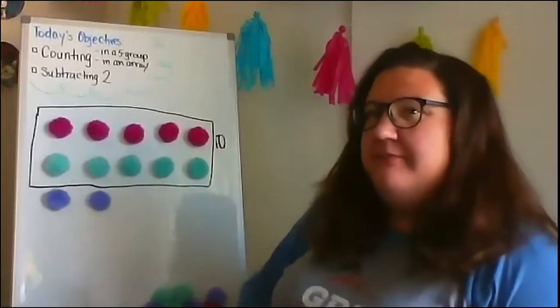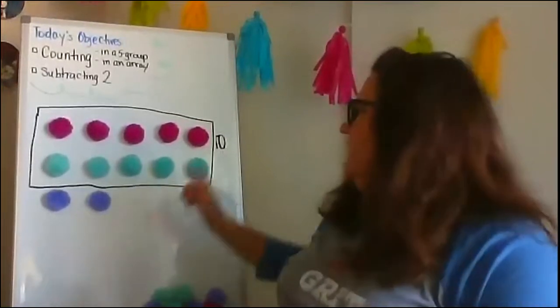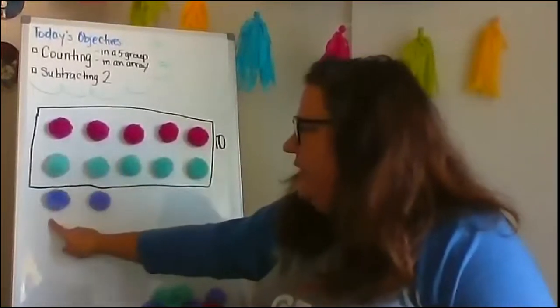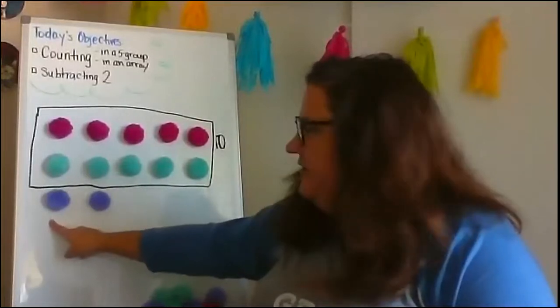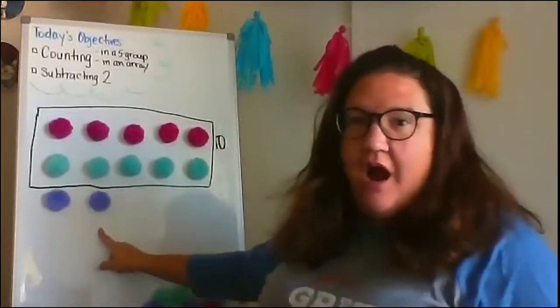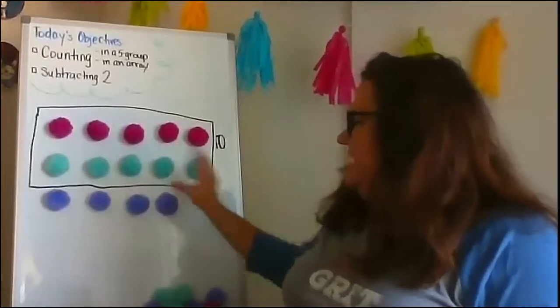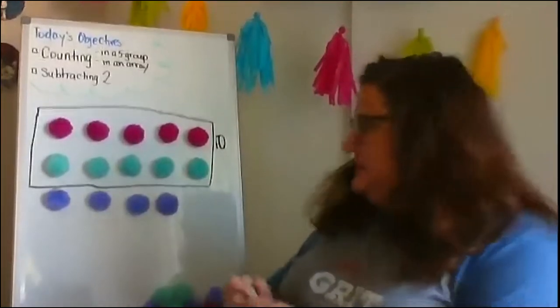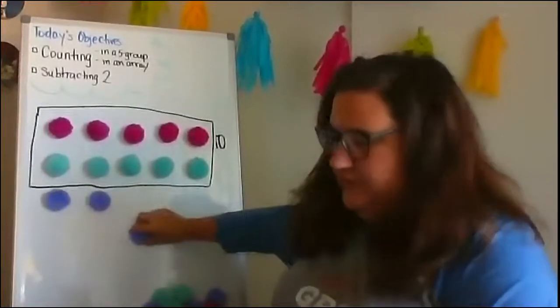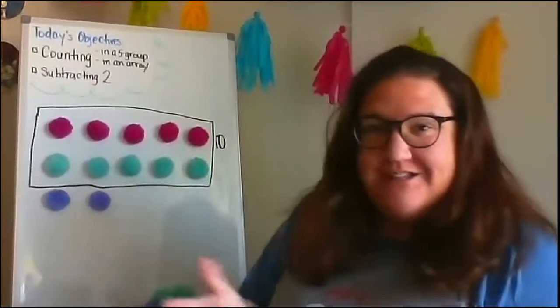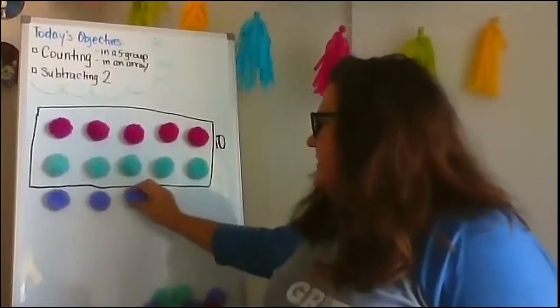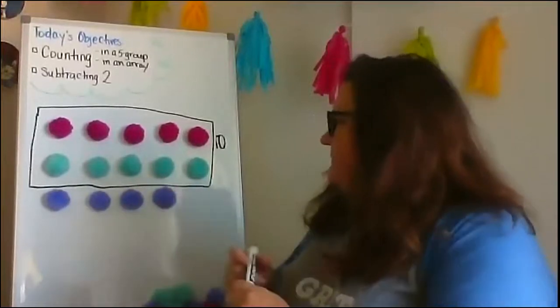Just to save some time, we're gonna do it that way today. 10, and one more is 11, 12. So 14, take away 2 is 12.